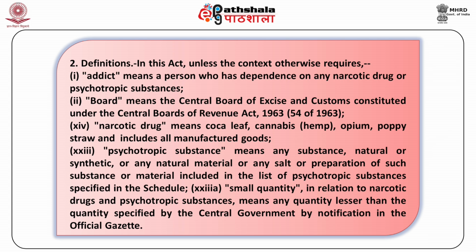Narcotic drug means coca leaf, cannabis, hemp, opium, poppy straw, and includes all manufactured goods. Psychotropic substance means any substance, natural or synthetic, or any natural material, or any salt, or preparation of such substance or material included in the list of psychotropic substances specified in the schedule.